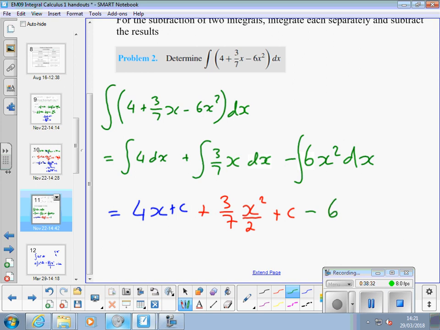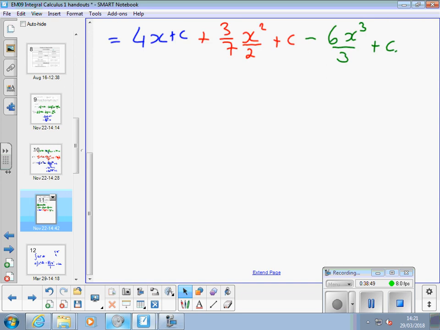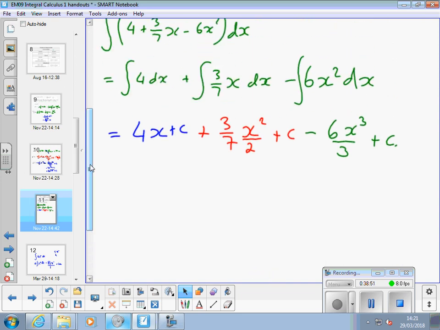Minus 6 x cubed over 3 plus c. Not really. You've got to get rid of the c's, but they can all be added together to make one big c on the end. So you only need one constant. We just take all the single constants sitting on their own, all together.